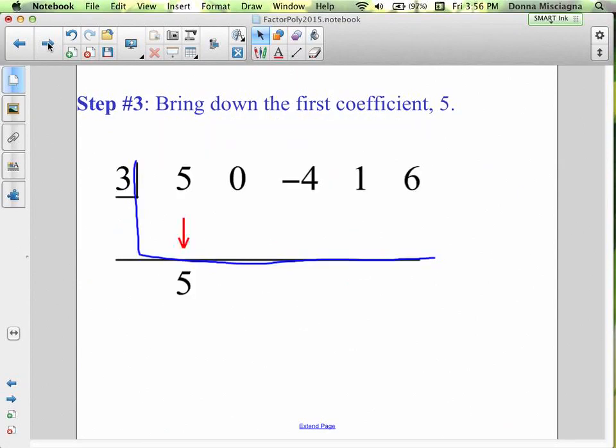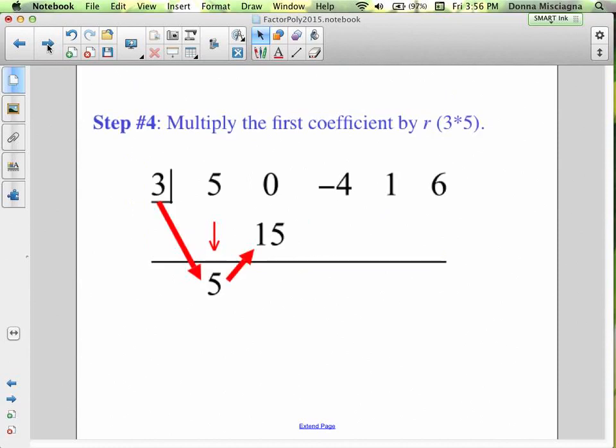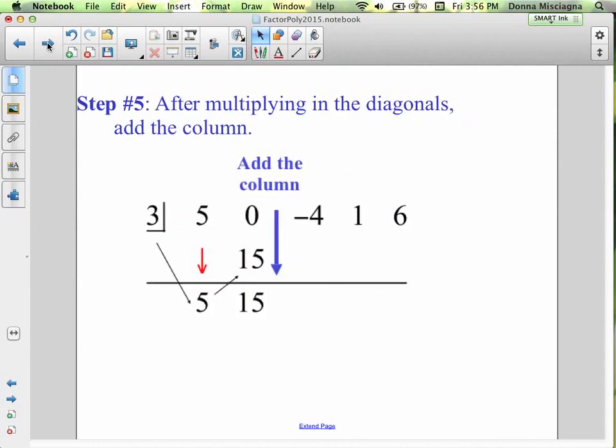All right, so my first step, we bring down the 5. The first term, you just bring it down, and that starts the process. And our next step, we're going to multiply. You're always multiplying the number below the line with the number you're dividing by. So we have 5 times 3, and that gives us 15. And then we add. 0 plus 15 is going to give us 15.